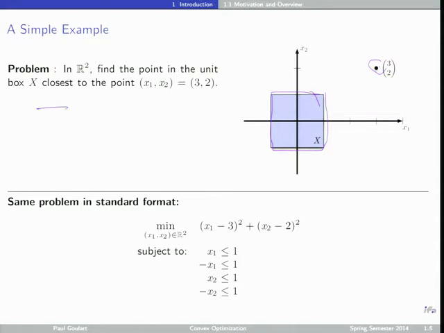Now what I want to do is take my problem and write it down in this standard format. So I write here min, because it's a minimization problem. I tell you what is the space of variables that I'm optimizing over. I write down my objective function here, which is just the squared distance to the point that I pick. The point I pick will be called (x1, x2). And then I have some constraints which say I have to live inside the box. These constraints I could also write as -1 less than or equal to xi less than or equal to 1, for each i.